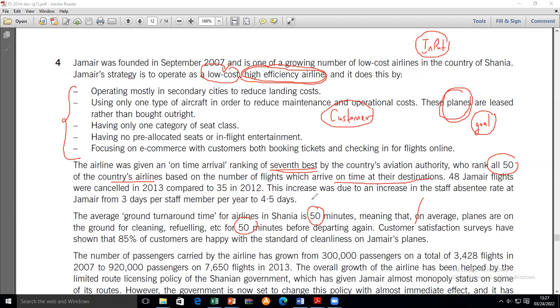What goal should we set for ourselves? We need to reduce the turnaround time. Reduction in the turnaround time. Very, very important. So this gives you an idea of the goal that we must have. Reduction in turnaround time.